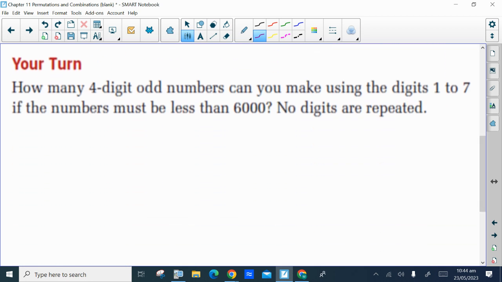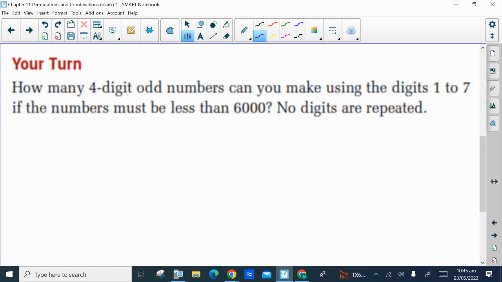How many 4-digit odd numbers can you make using digits 1 through 7 if the numbers must be less than 6,000 and no digits are repeated? So again, because you can only use 4 digits and it has to be odd, that tells us the last digit must be odd.